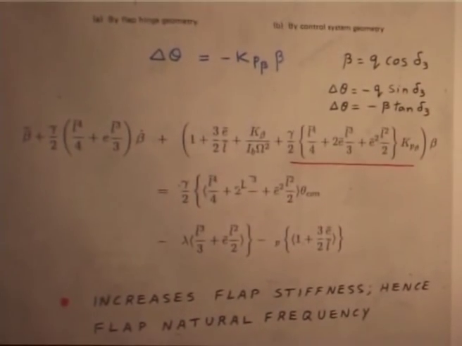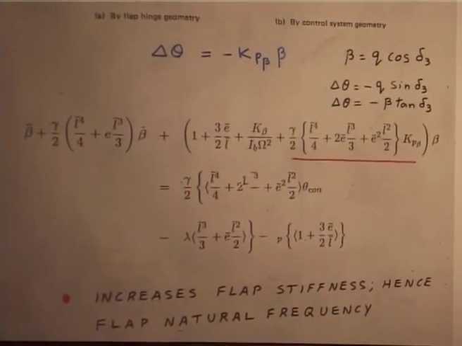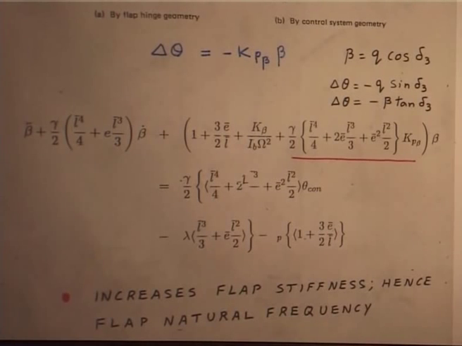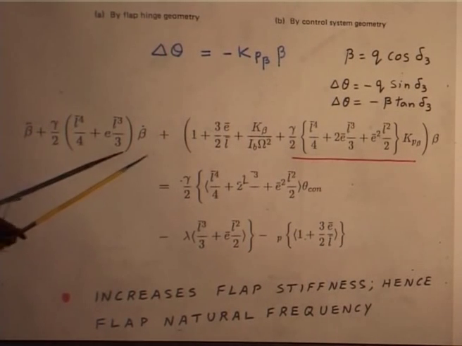I can increase my flap frequency or I can decrease my flap frequency. It can be less than 1 also. That is why I would say flap frequency is normally greater than 1, but it can be less than 1 depending on what coupling you have put in. So, usually people will say flap 1 point something, yes it is true, but there can be situations where you can introduce this coupling and influence the flap.